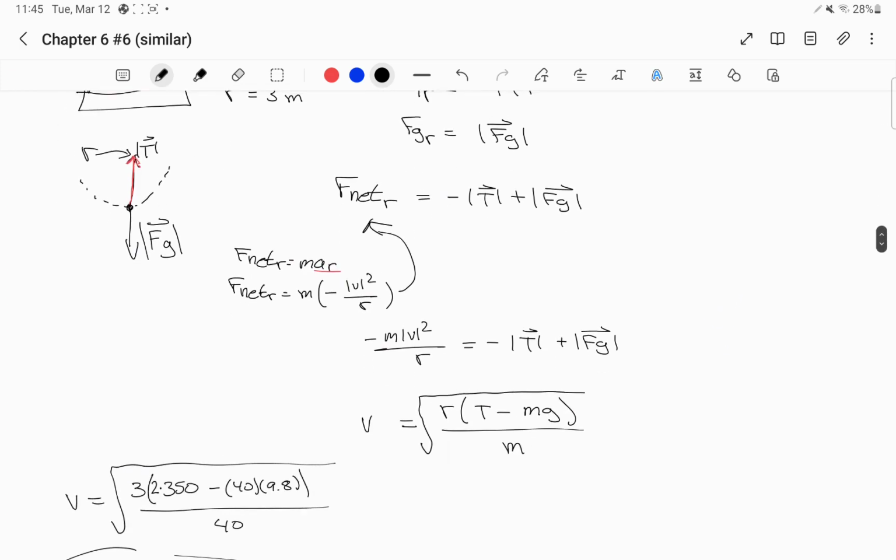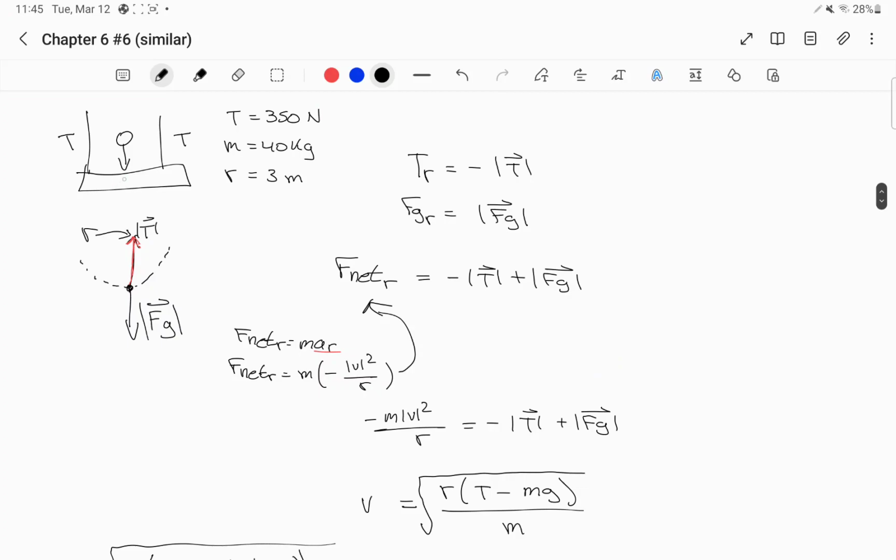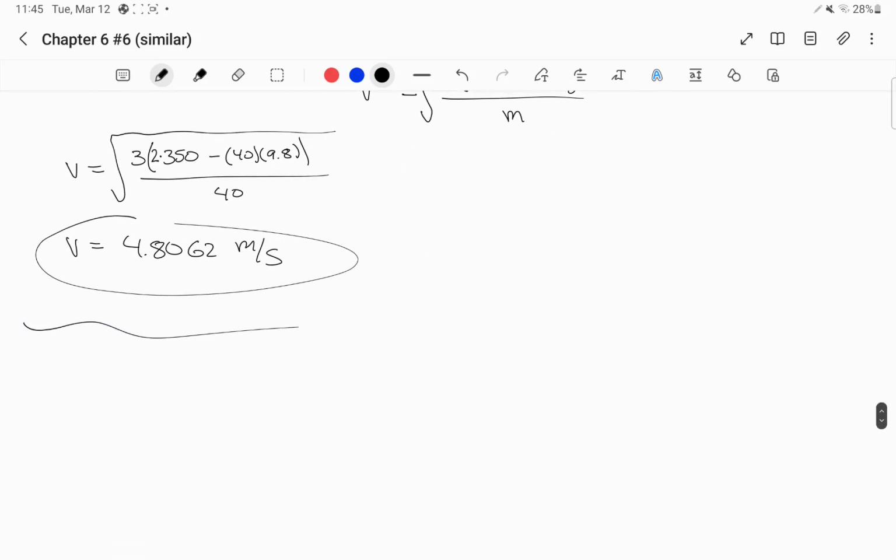So because the child is sitting on the seat, the seat is exerting an upward force on the child, which is the normal force. So this would be F of n. And again, we have our gravitational force, F of g. So our F of n is pointing towards the center of the circle.